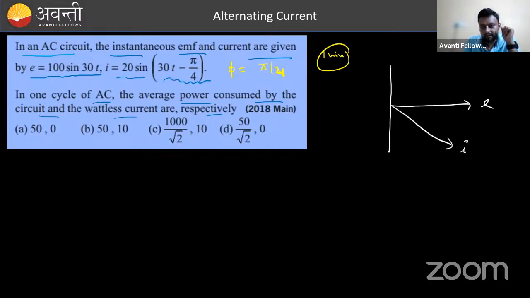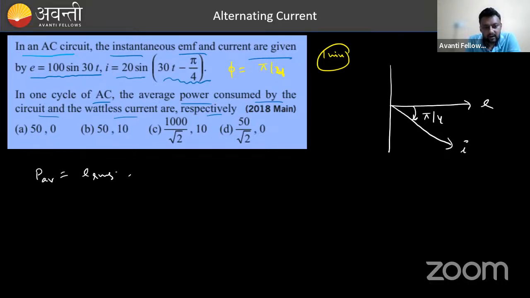This is going to be my current, and this angle is pi by 4. Clear? Current is lagging by pi by 4. Now, what is the average power consumed? For average power, you should know the relation. P average is what?